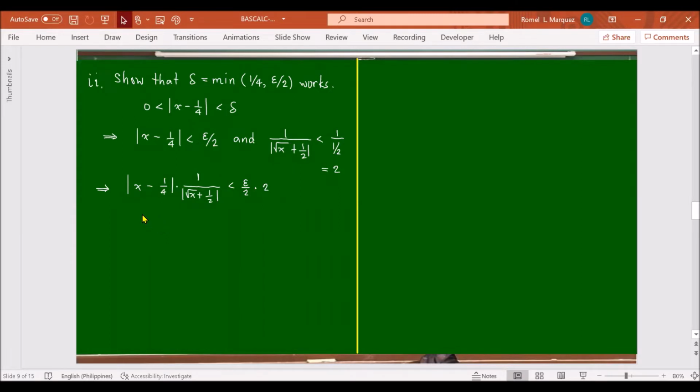And this left side is the absolute value of x minus 1/4 over the absolute value of square root of x plus 1/2. Okay?